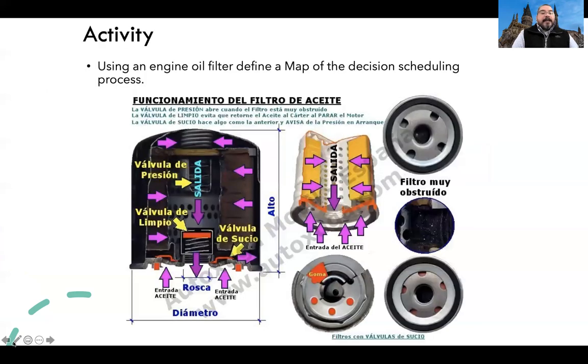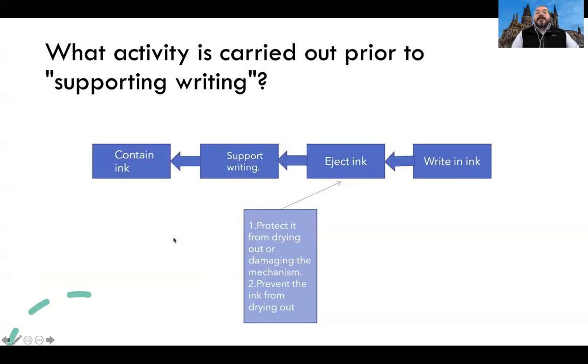In this diagram, what we see is that we have four main functions of the pen that accomplish its goal, and two other functions that are supporting this main line.